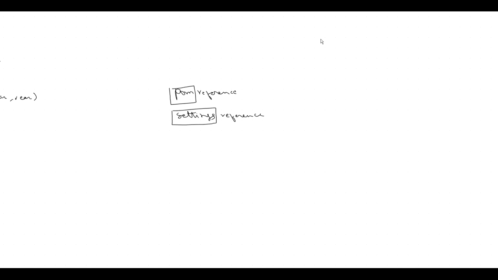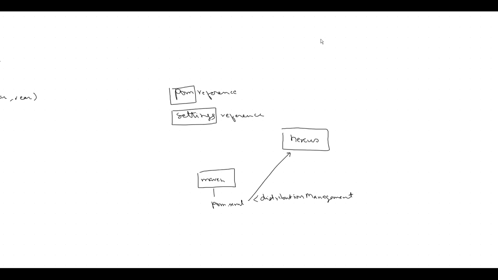Okay. What we have seen is we have a Nexus server over here. And we have a POM or Maven project over here. This Maven project has a pom.xml file. What I told you last time is if you want to deploy something to Nexus, you need to create a distribution management block inside the pom.xml file.